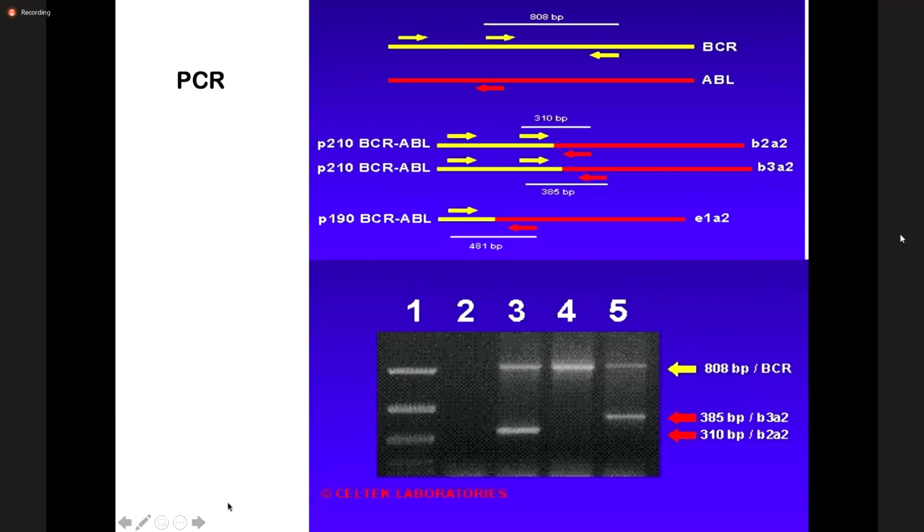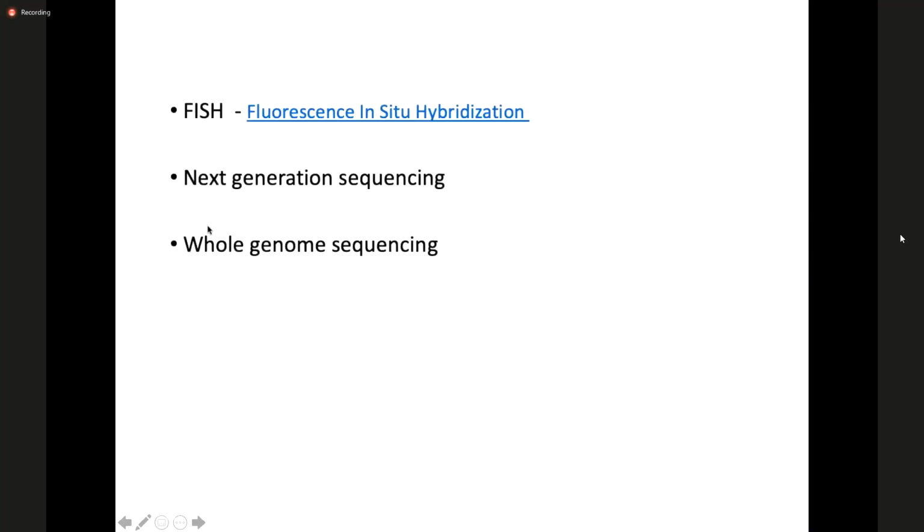Not only that, there are other tests as well. We call it FISH, fluorescent in situ hybridization, and the other advanced genetic tests are next generation sequencing and whole genome sequencing.